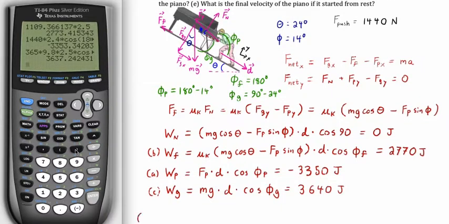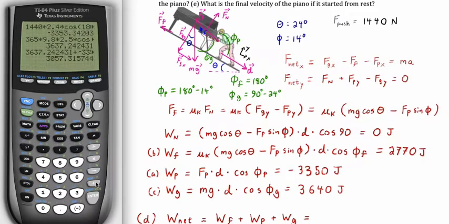Well, that's straightforward enough at this step since we have them all. Net work is just the sum of these different work values: the work of friction, work P, work gravity. I'm going to leave out the work done by the normal force, because we know it's 0. So we take the work done by gravity, add the work done by the pushing force, and then add the work done by the friction force.